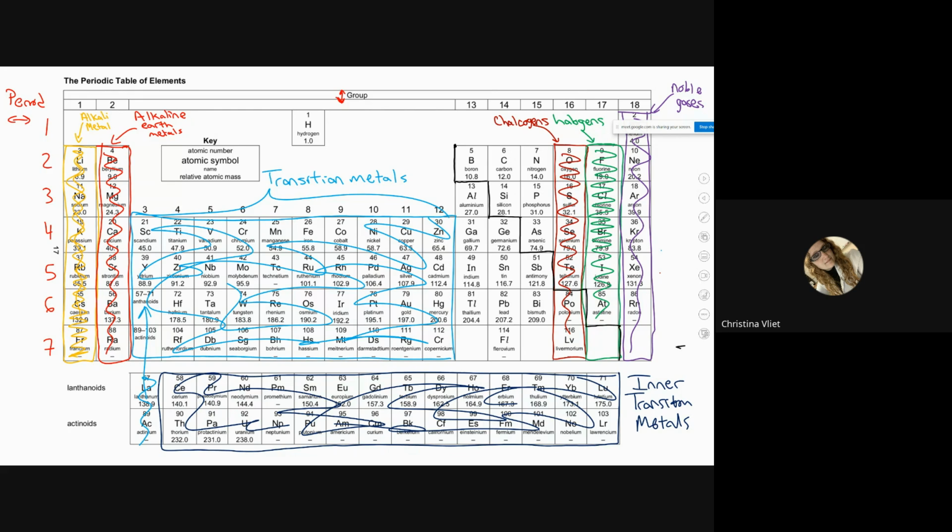See what I did? The staircase, where you started is the most important thing. At the top corner of boron. Then you go down one, to the right one, down one, to the right one. This is an extremely important line to memorize because this is the dividing line between your metals and your non-metals, actually. So this black dividing line is the dividing line between metals and non-metals.